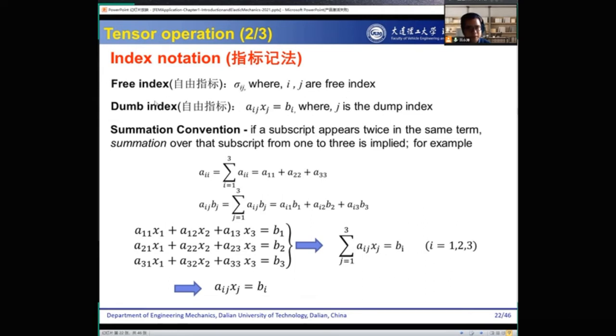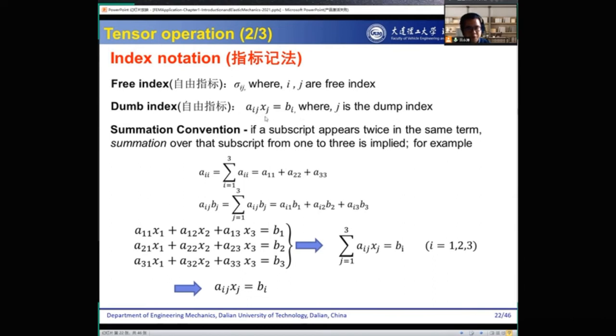And we have another very important definition, the dummy index. For example, in this equation, we have a_ij x_j equals b_i. Here i is the free index, but j is the dummy index.